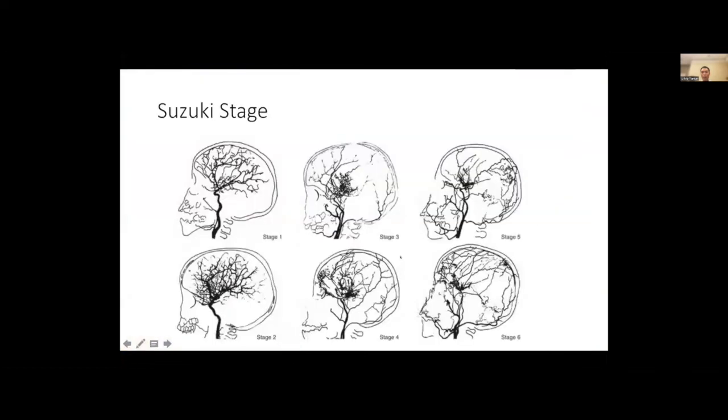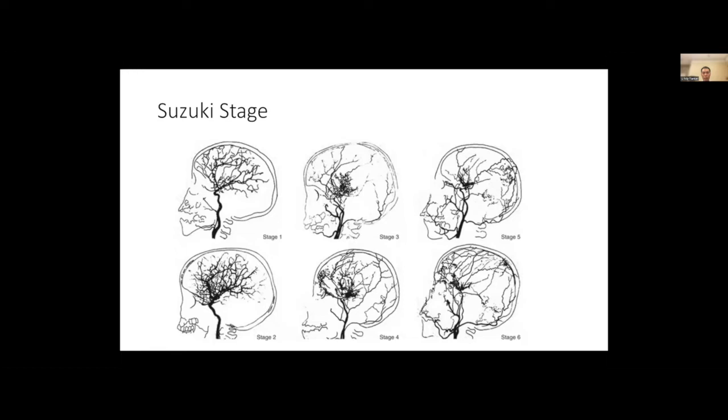The Suzuki stage, as we are all very familiar with in Moyamoya work, is over 60 years old, and it's based purely on radiographic grounds. It doesn't really correlate with the disease severity. It doesn't correlate with the patient's symptomatology, and it doesn't correlate with the post-operative surgical stroke risk.